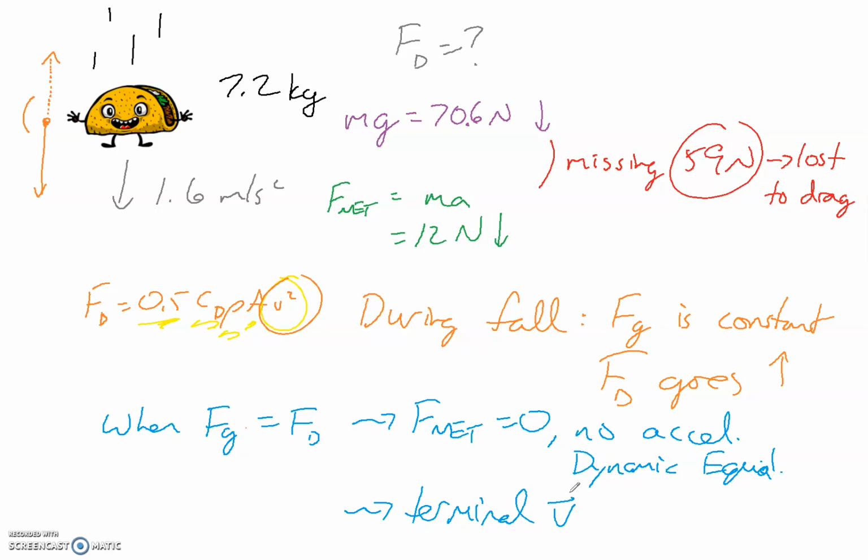They fall for a few seconds, they will reach their terminal velocity, and they will just travel at a constant speed. They'll be in dynamic equilibrium as they keep on going down until they pull their chute, and then the drag is increased a lot, which then slows them down. But that's the idea behind terminal velocity, where the drag matches up with or equals the force of gravity, and your net force is going to be 0.